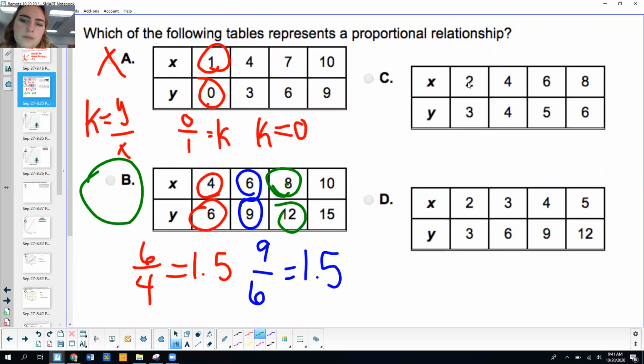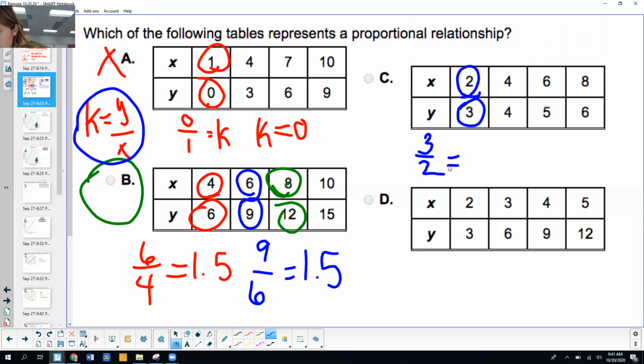All right, let's look at C. We've got 2, 4, 6, 8, 3, 4, 5, 6. It looks like there's a trend going, but we're going to use our K equals Y over X formula to figure out if it's truly proportional or not. So we're going to take 3 divided by 2. 3 divided by 2 equals 1.5.